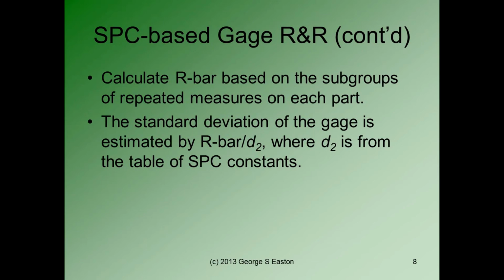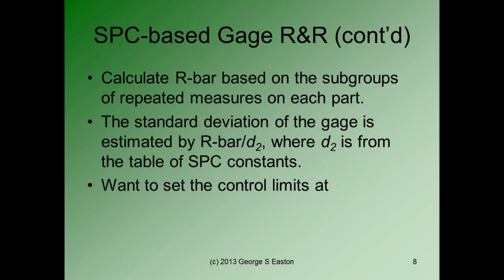Once I have R bar, I can estimate the standard deviation of the gauge, of the measurement error, by taking the R bar, the average of the subgroup ranges, and dividing by D2, where D2 is the constant from the table of SPC constants. And I'll show you this in just a minute.